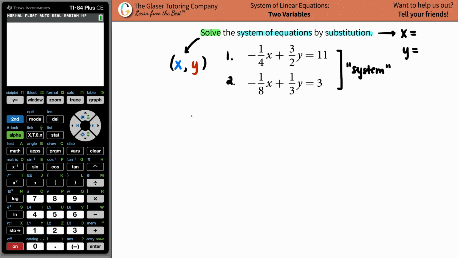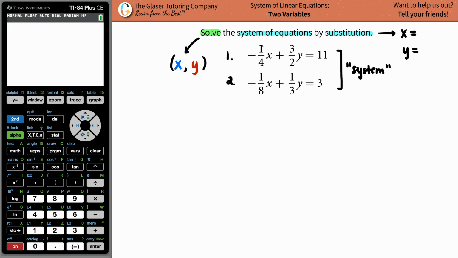Now, in this case, I always like to look for something that just has a 1x or a 1y in front of it. That's really easy to isolate. But for all of these, I got fractions in front of all of them. So, yeah, I can't really do that. But I'm just going to go for it and pick one that looks easiest to me.